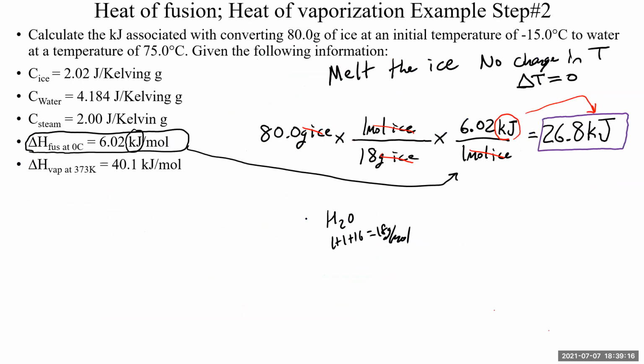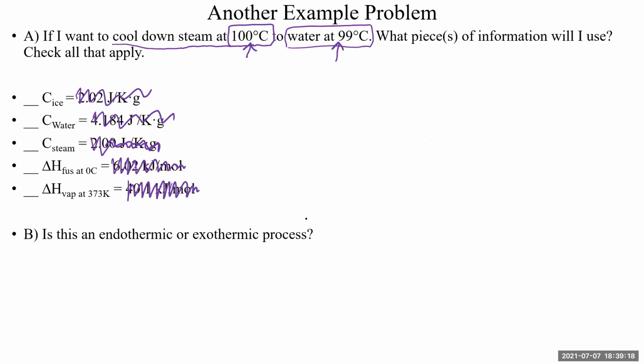So let's come back here. Which pieces of information will I use? Check only the ones that apply. I know it says check all that apply, but check only the ones that apply. Well, we had to convert from gas to liquid. So that's definitely going to involve the heat of vaporization.